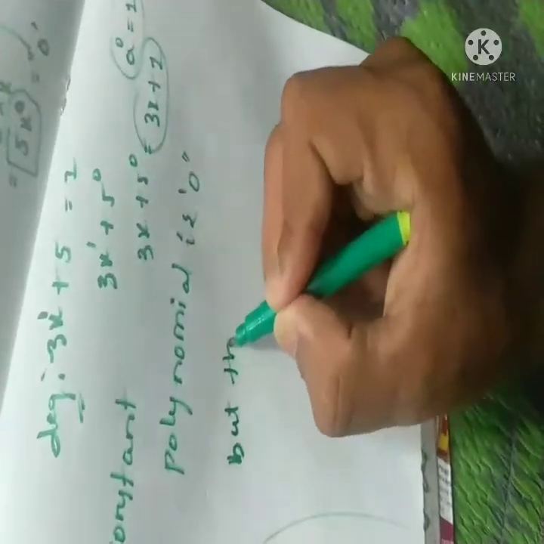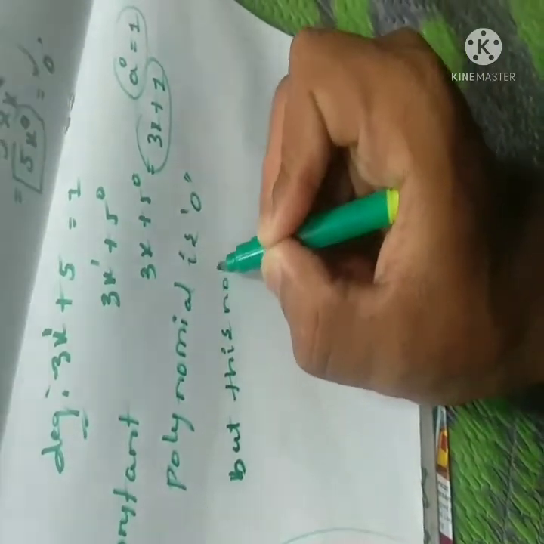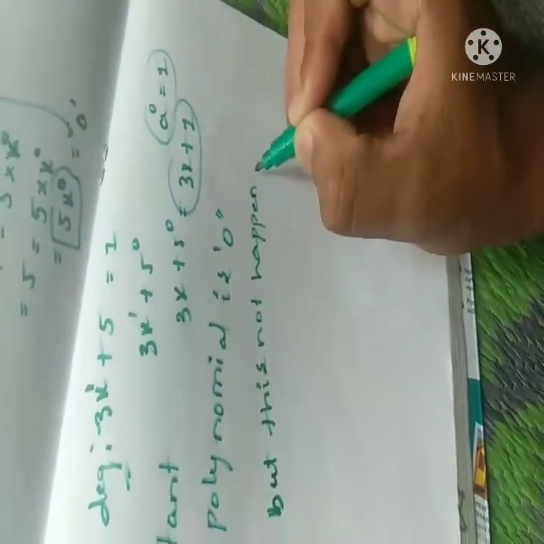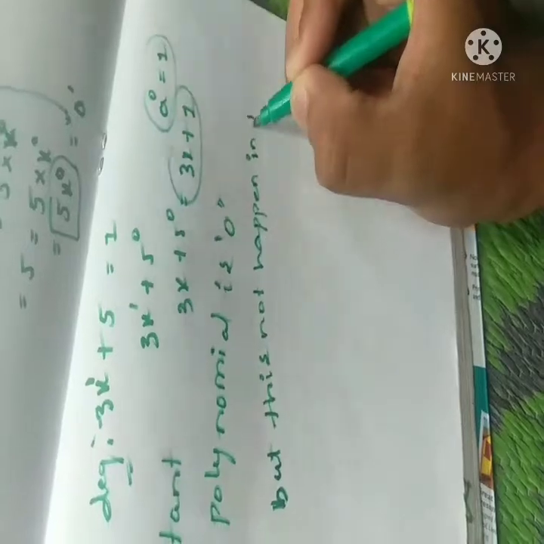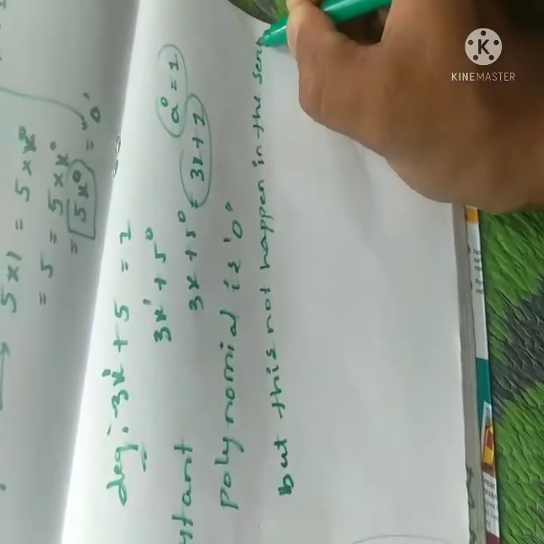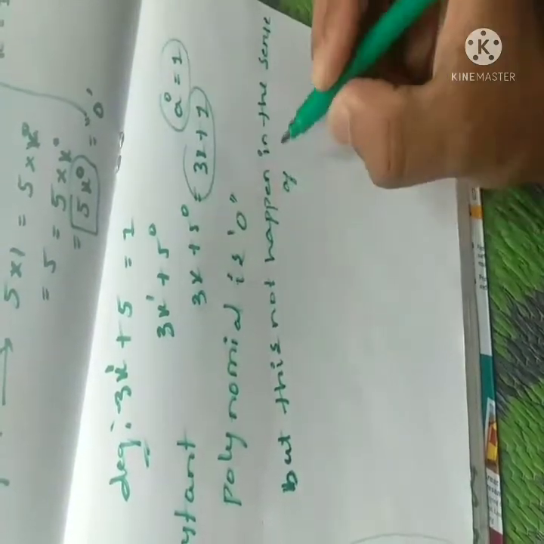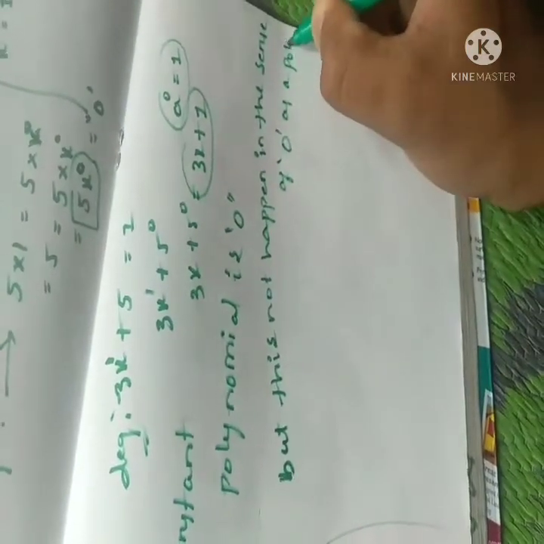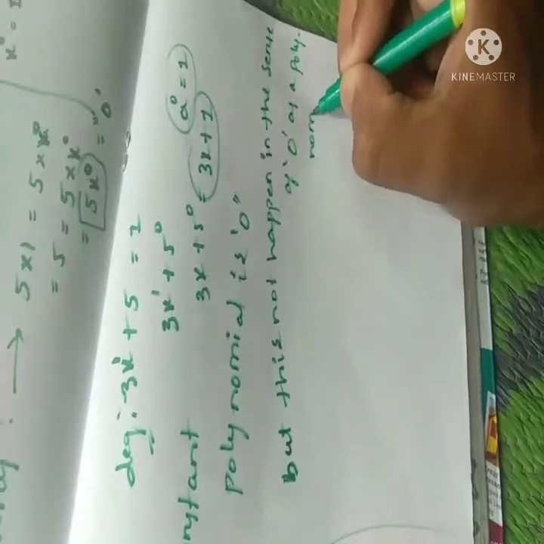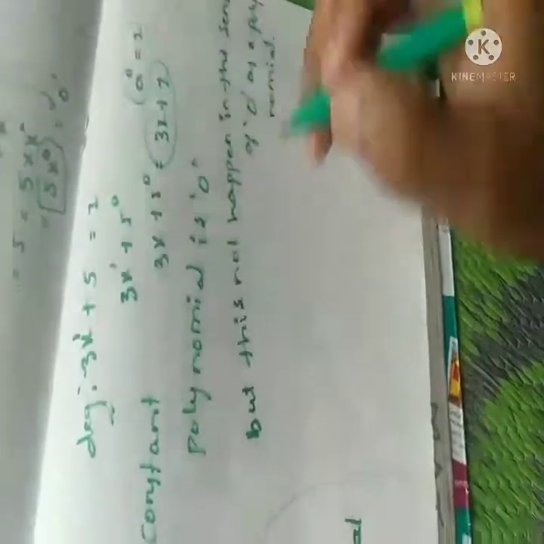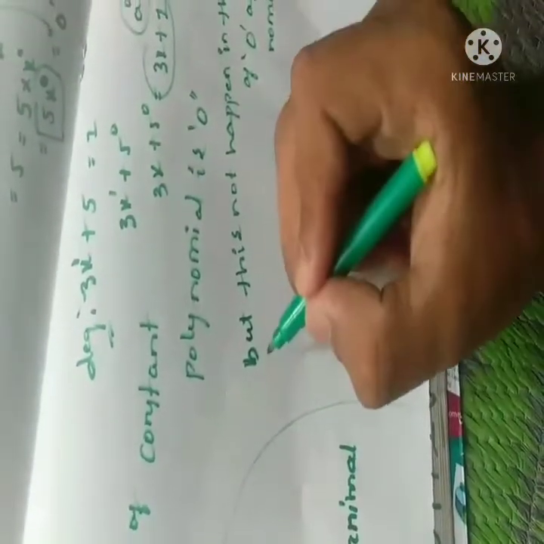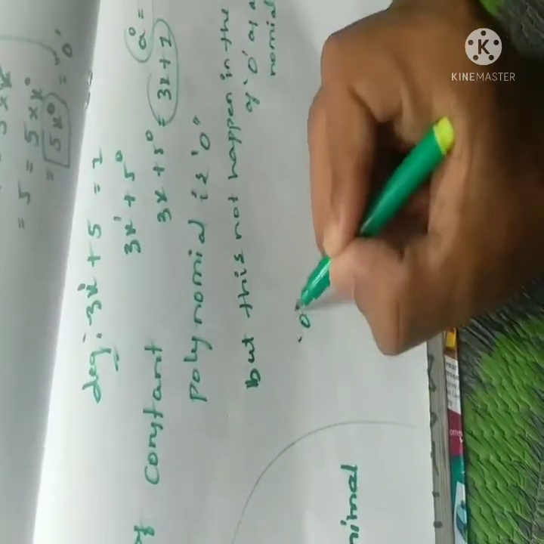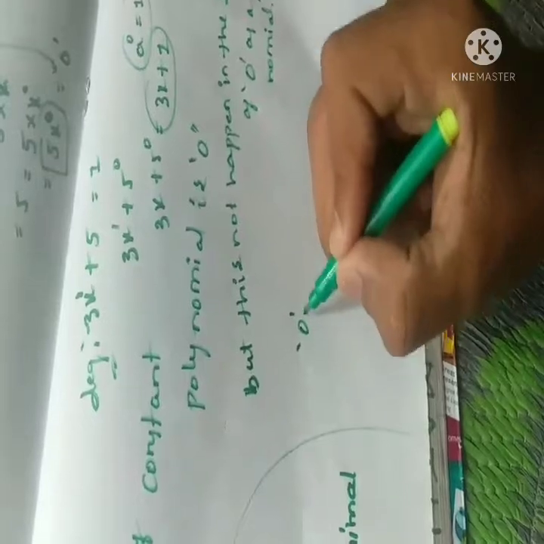But this will not happen in the case of 0 as a polynomial. Zero, but the degree of 0 is undefined.